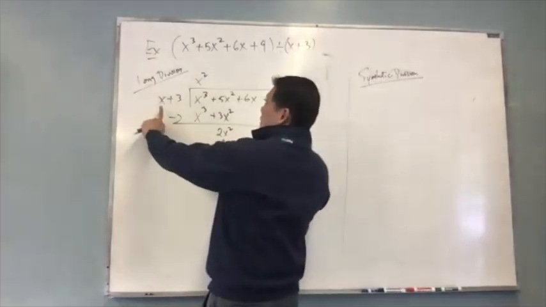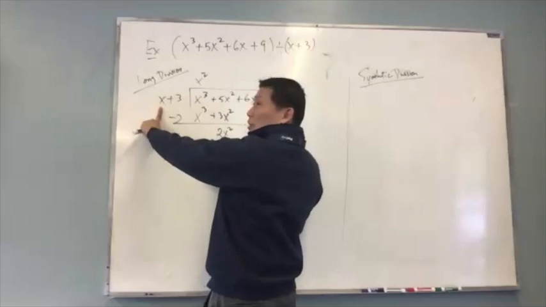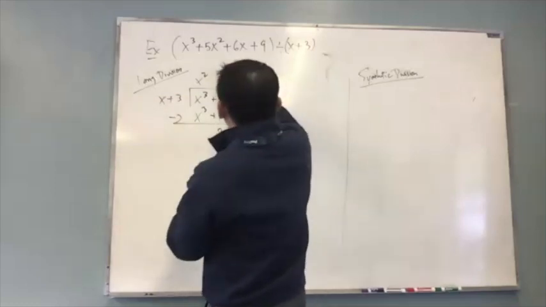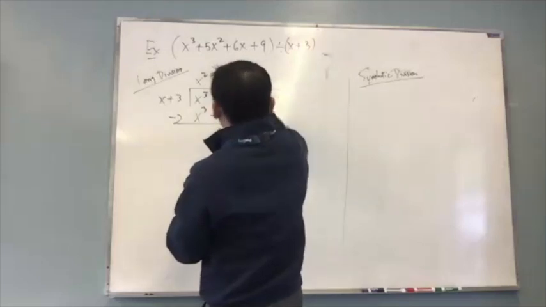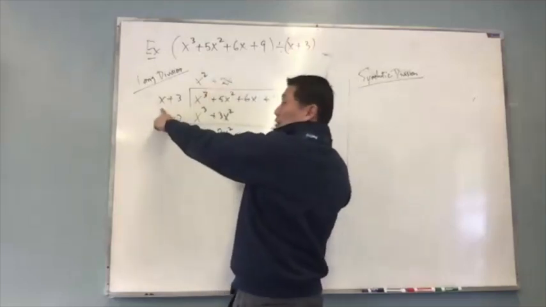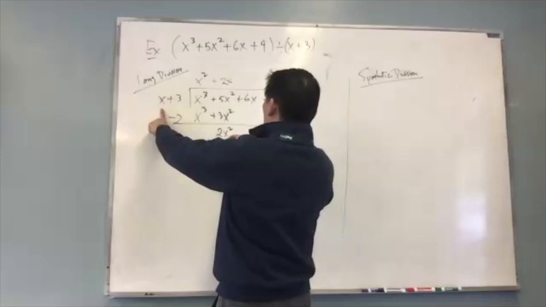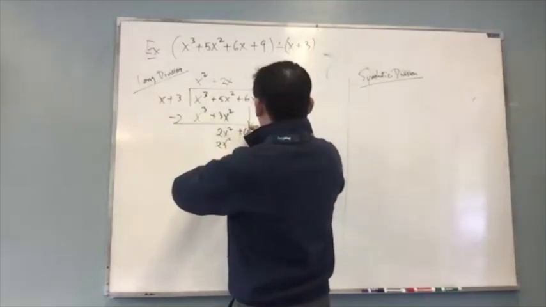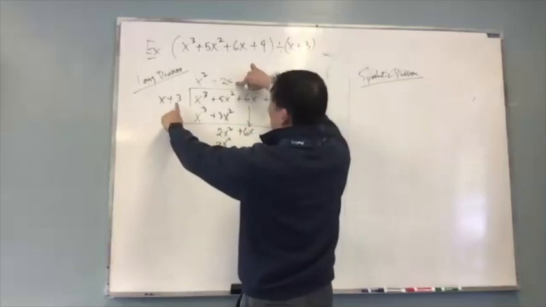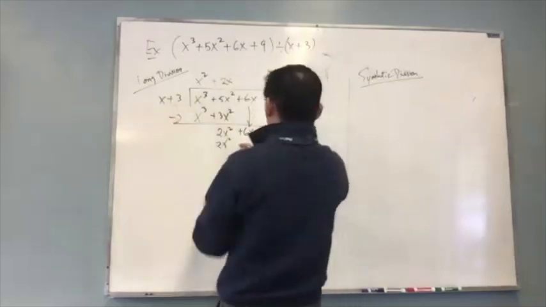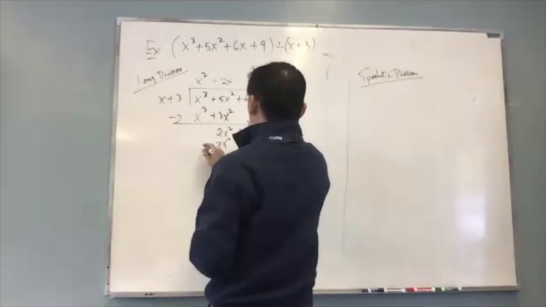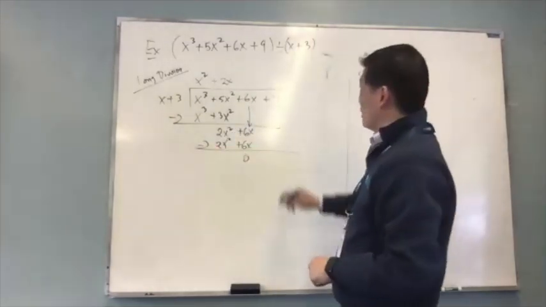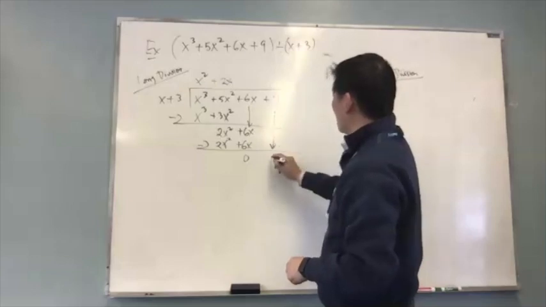All right, focus on here now. And then you look at the lead term x and 2x squared. Then you say, okay, this must be plus 2x, because 2x times x gives you 2x squared. Now I need to bring down the 6x, positive 6x. So 2x times 3 is actually 6x. So subtract, this gives you 0. So that means you only have this left.